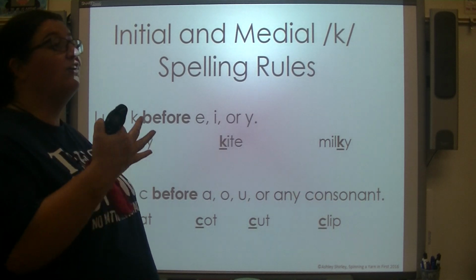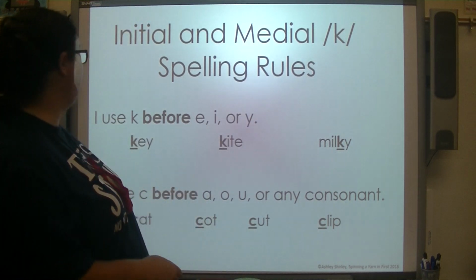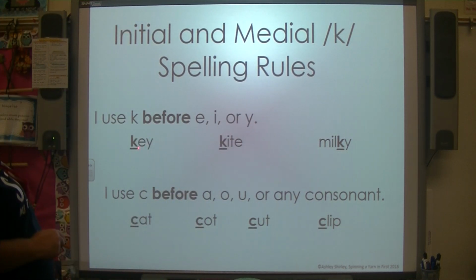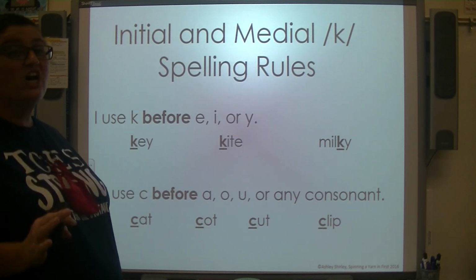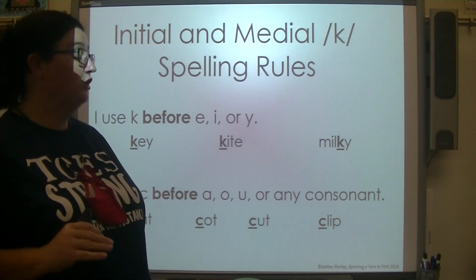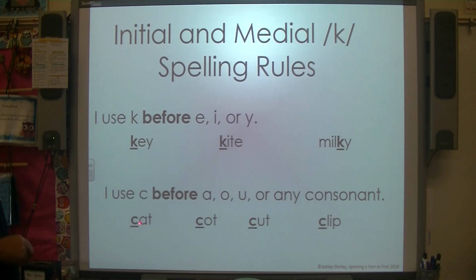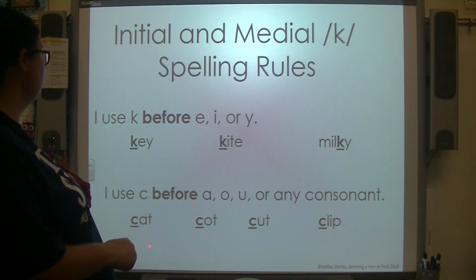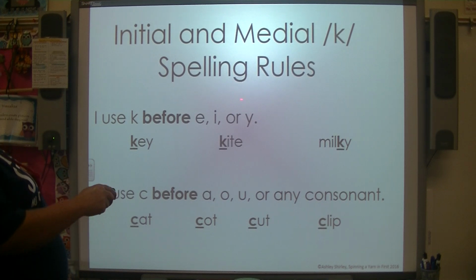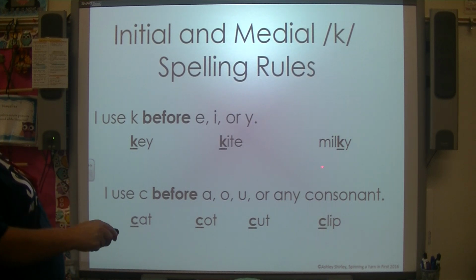So if you have the K sound and the vowel is E, I, or Y, you're going to spell with a K. Any other letter, you will use C. So A, O, U, or any consonant, you use C. So this is the rule you have to remember.